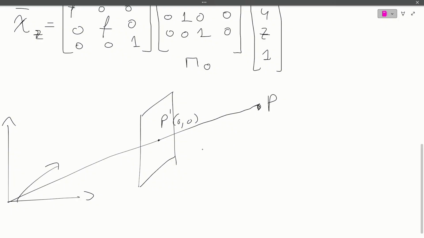But this is a problem because usually when we deal with images, the origin is here, and the two axes are here, x and y. So we have to move the origin from here to here. From the principal point, this point here is called the principal point, to the real origin of the image.